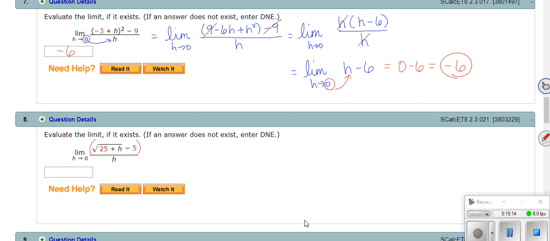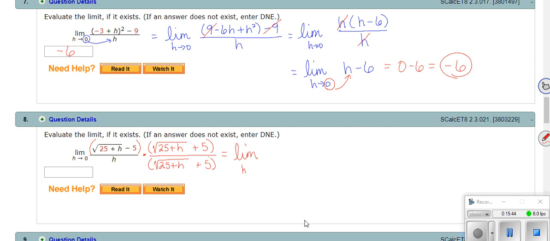So multiply the top and the bottom by its conjugate. So the square root of 25 plus h plus 5, multiply that on top and bottom. What happens there? I should keep going with my limit here.